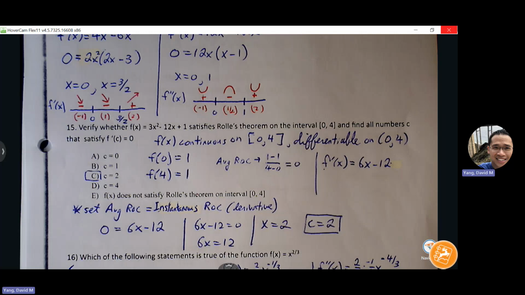We can see the number 14 answer. 14A. Okay.